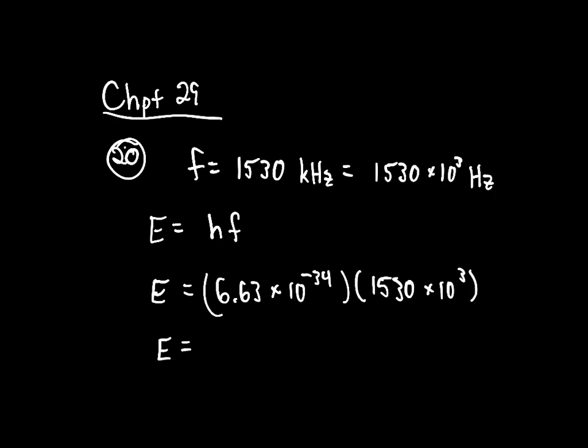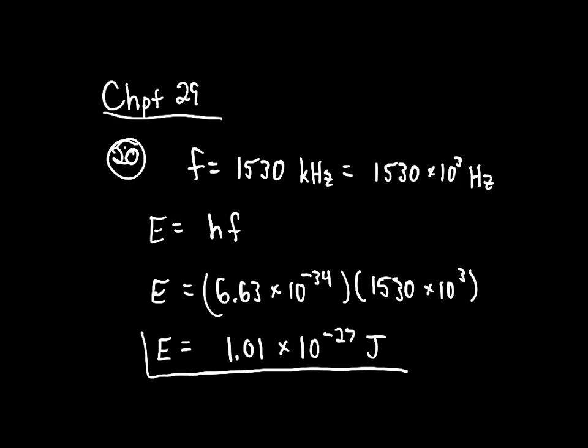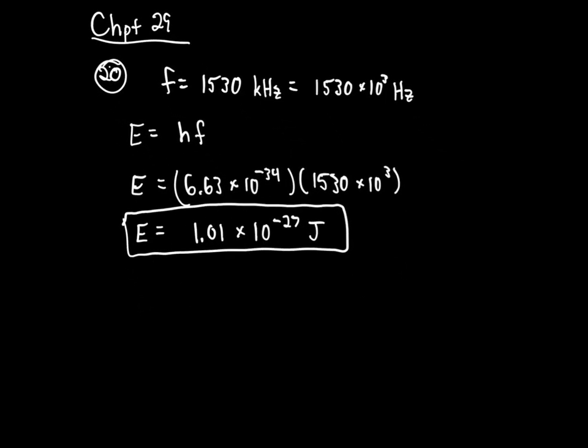Multiply these numbers together and you should get 1.01 times 10 to the negative 27 joules, assuming I'm reading my handwriting correctly. Okay. Questions on that? Now I also have to find this energy in electron volts.